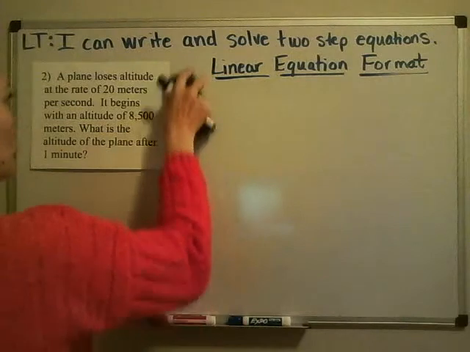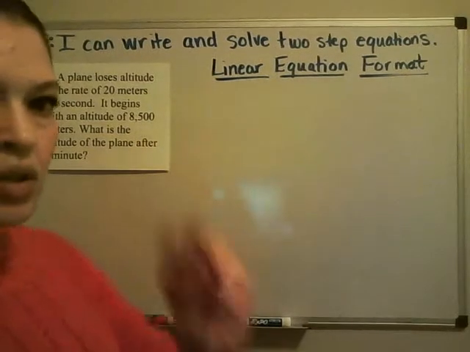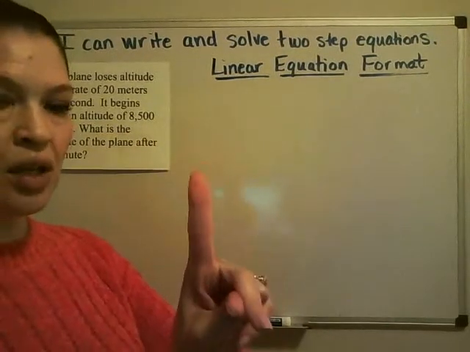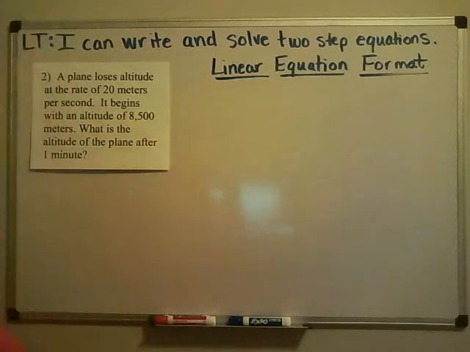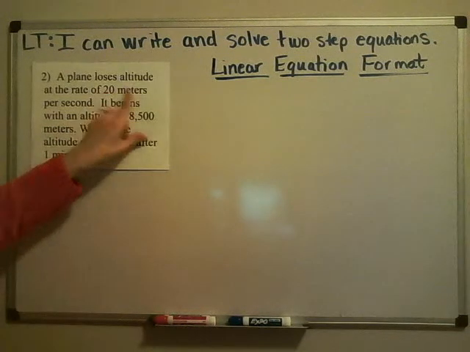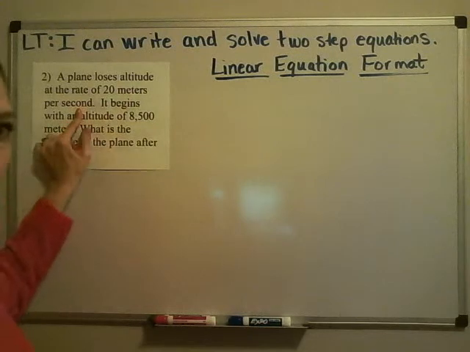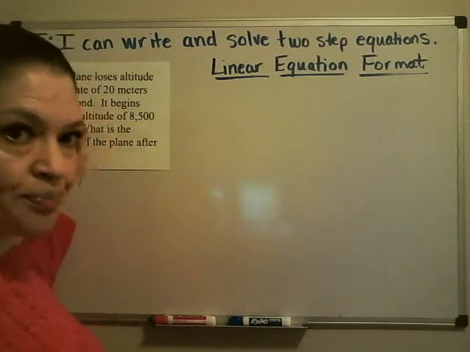Number 2. We are looking for 2 things, repeating and a one-time fee or value. A plane loses altitude at the rate of 20 meters per second. So what's happening to the airplane?